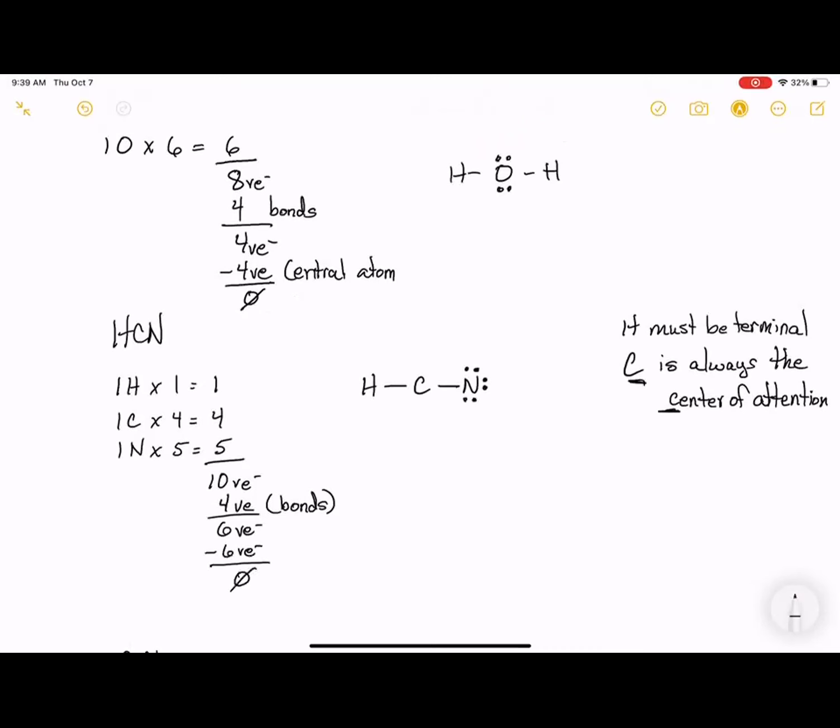And we hit 0. When you hit 0, you skip to step 5 and ask, does every atom have an octet?